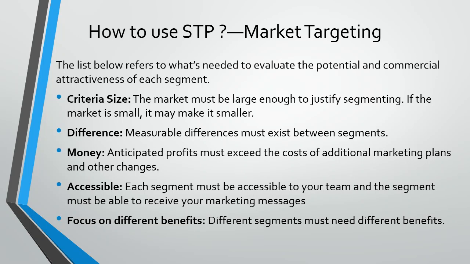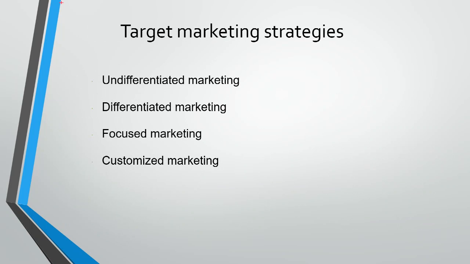Then you can choose which one is the most attractive based on your mission and marketing objectives. And here I list four basic strategies for targeting the market segment: undifferentiated marketing, differentiated marketing, focused marketing, and customized marketing.